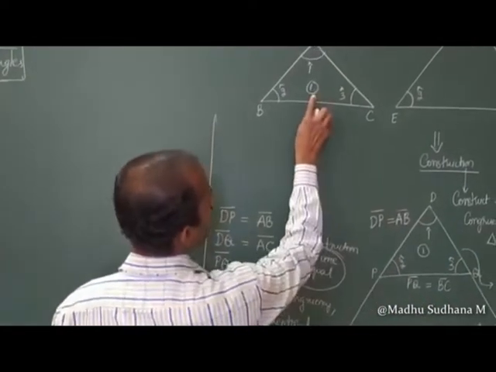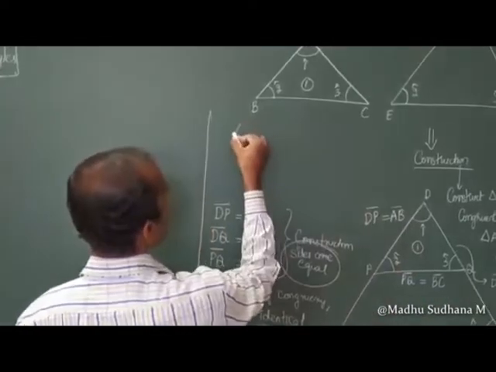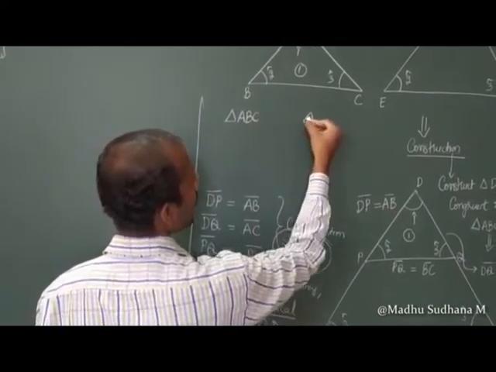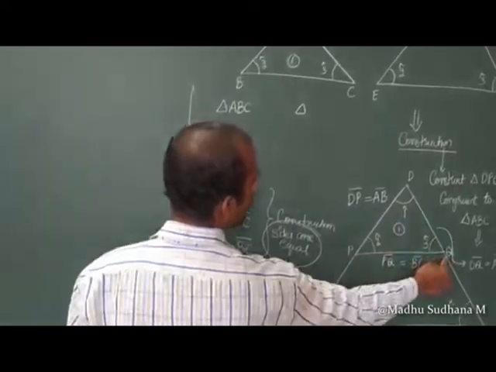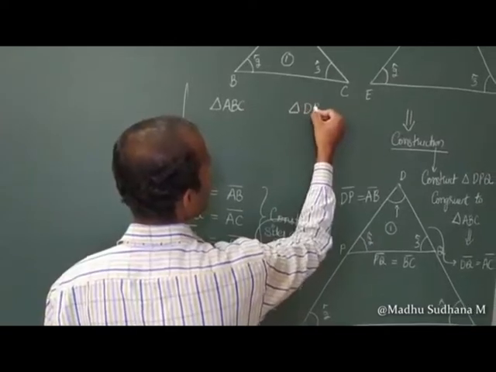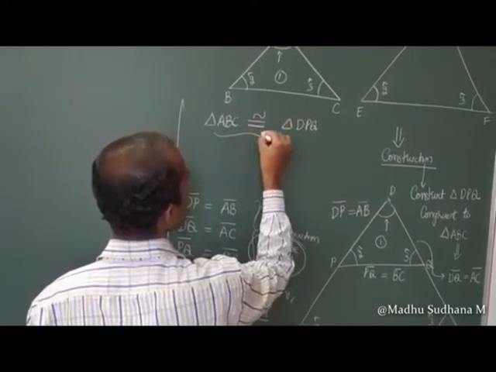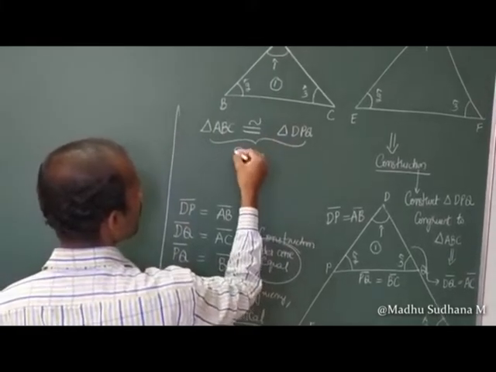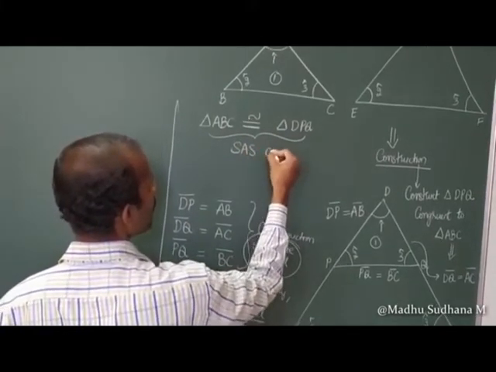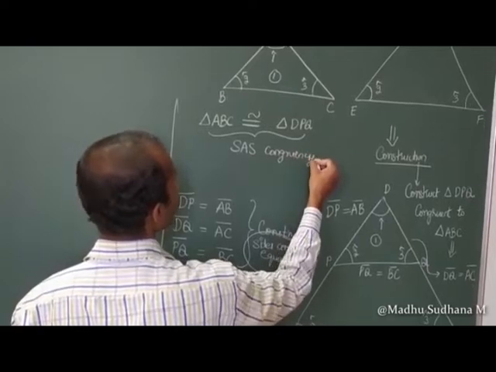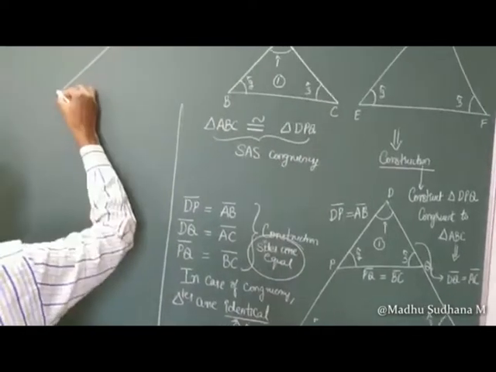So if I compare this triangle ABC and triangle DPQ, they are congruent, right? So what is the congruency here? This is SAS congruency. SAS congruency in the sense we have two sides here.